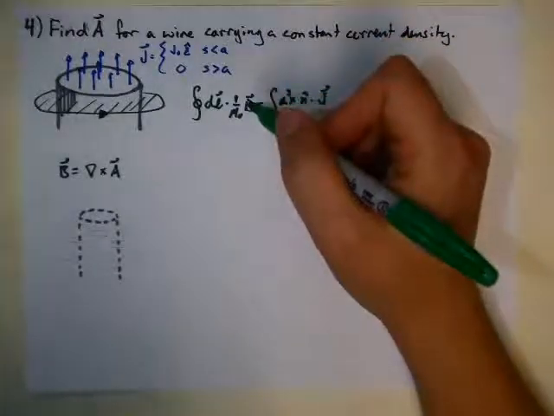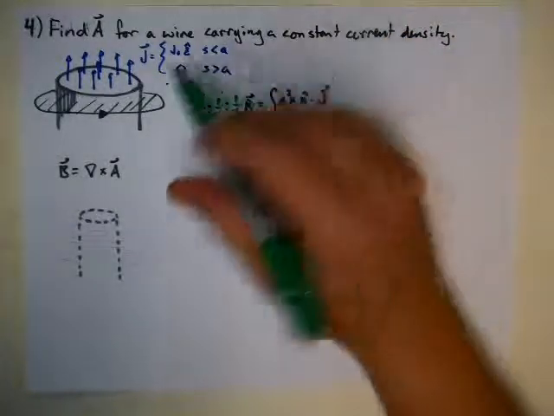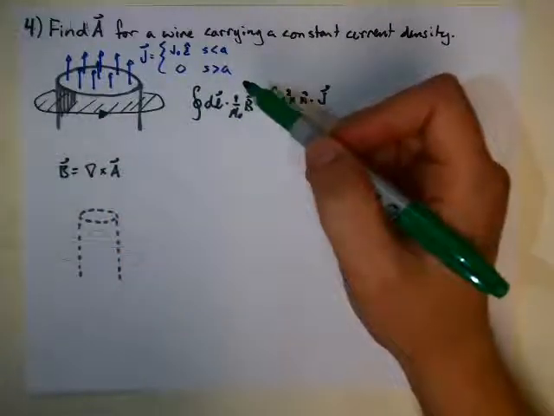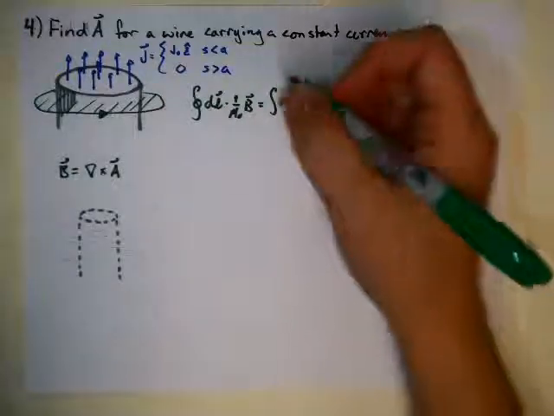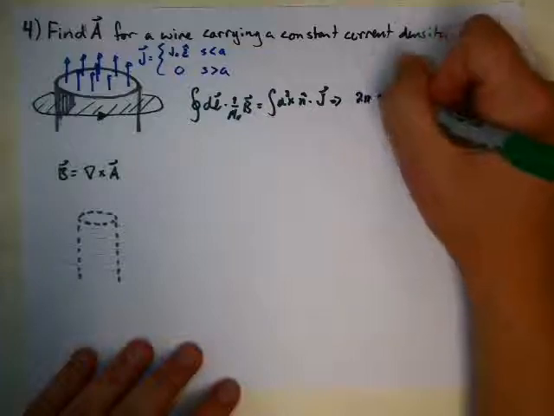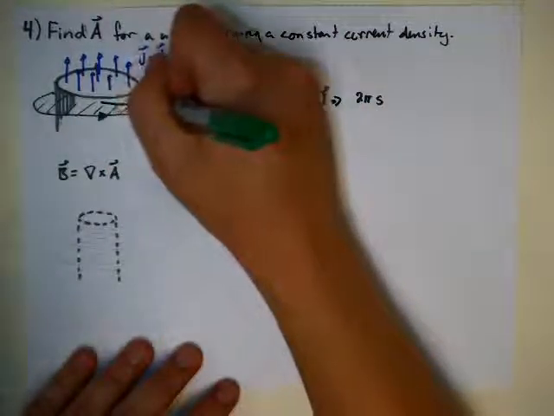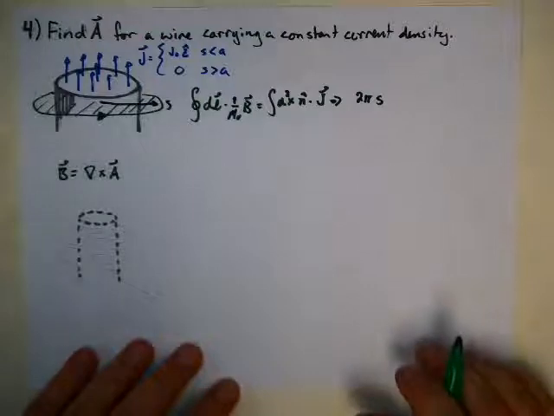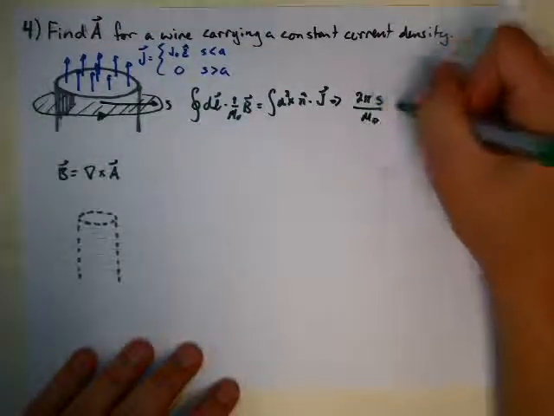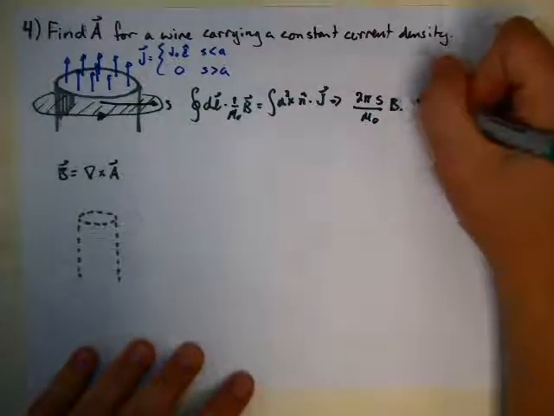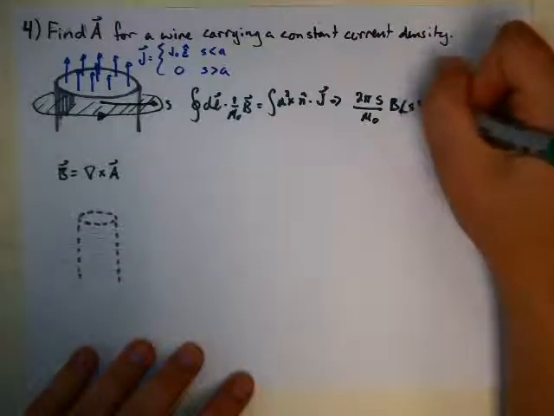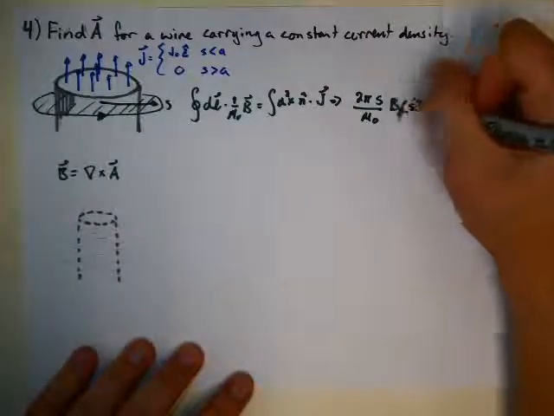Here we can make the argument through symmetry that B will be in the phi hat, the azimuthal direction alone, and dl is also in the azimuthal direction alone. And so the left-hand side can be written as 2 pi s, where s is the size of our Amperian circuit, over mu naught times B as a function of s in the phi direction.